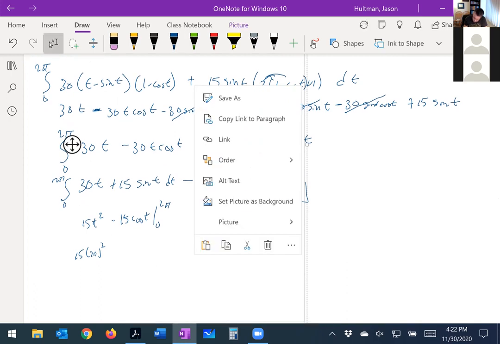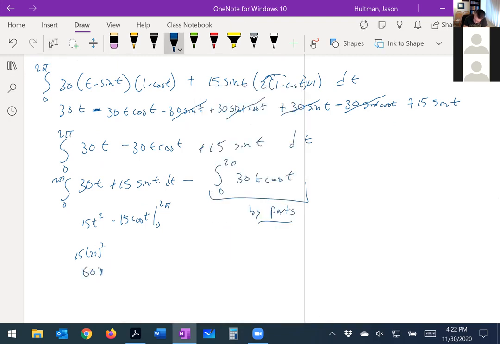Nice. And then this guy, plug this 2 pi in, that becomes 1. So that's minus 15. And then if you plug in 0, that's still 1. So it's minus 15 minus a minus 15, which cancels.